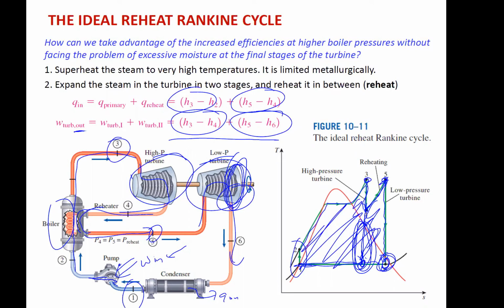So now you'd have lots of water droplets, right? And it basically erodes those blades very quickly if you've got these droplets on the turbine blades, okay? They can handle a tiny bit, which you see over here, but not as much as if you went from 3 all the way down. So we reheat it and then expand.